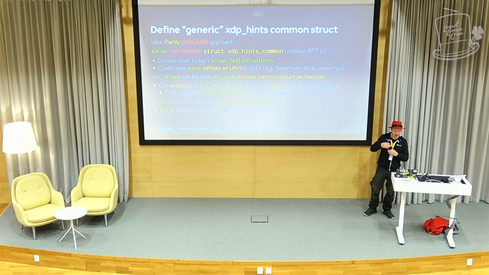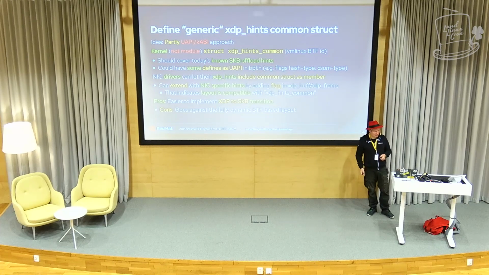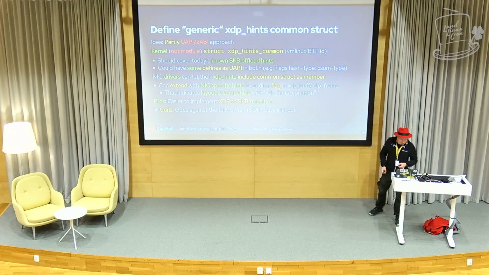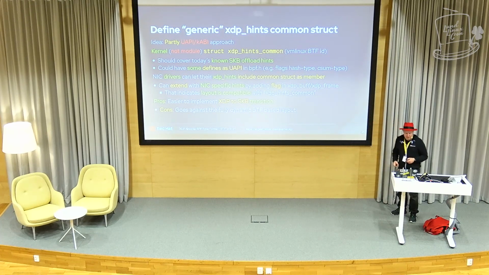Of course, they have to extend it on top, as we explained, since it goes backwards. Then we could have one bit in a flag that indicates the bottom part of the layout is compatible with this common struct.